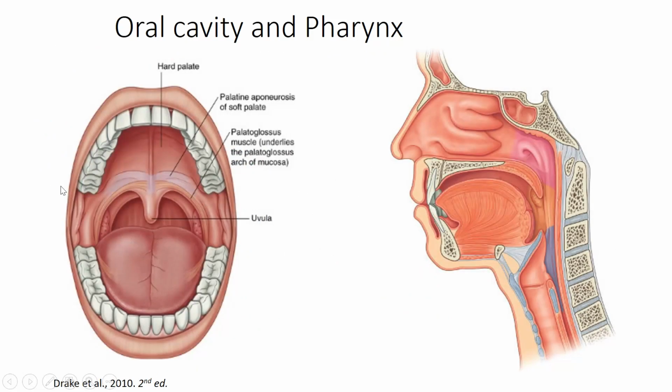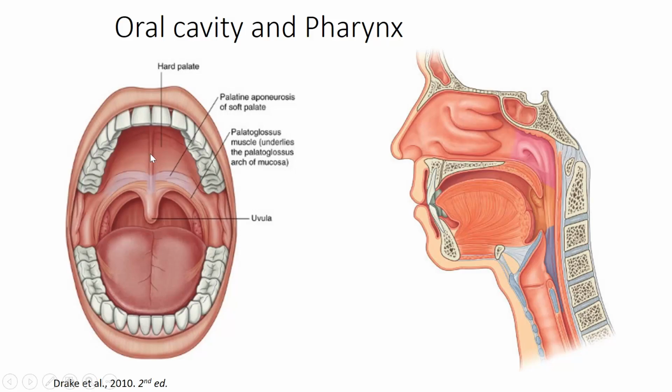Now, we saw in the last lecture that the oral cavity consists of the oral vestibule that will communicate with the exterior, and also the oral cavity proper contained within the teeth.